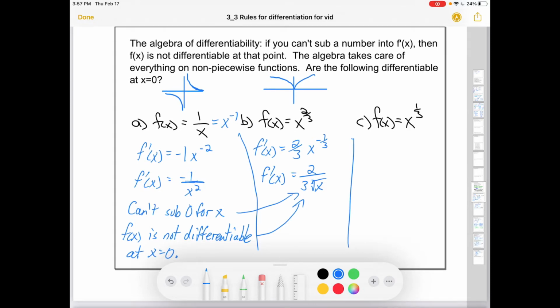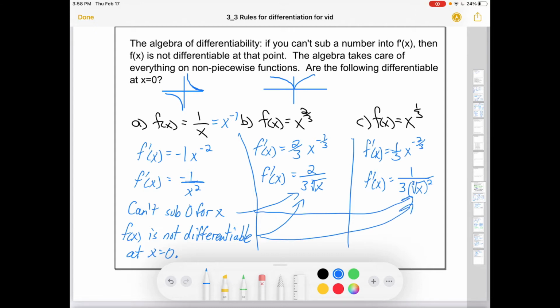Okay, last one. We can differentiate here. We get 1/3 x to the negative 2/3, or if you want to write that in radical form, it would be 1 over 3 times the cube root of x, all squared. Now again, you can see you can't sub in 0 for x, so it's not differentiable at that point.